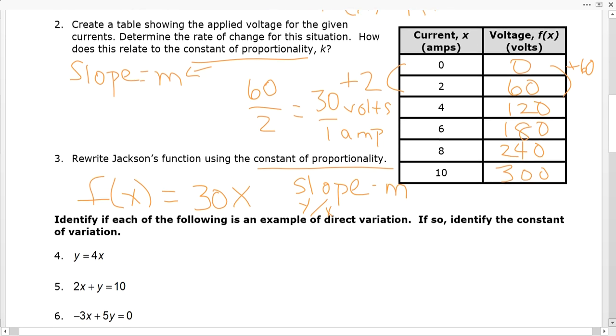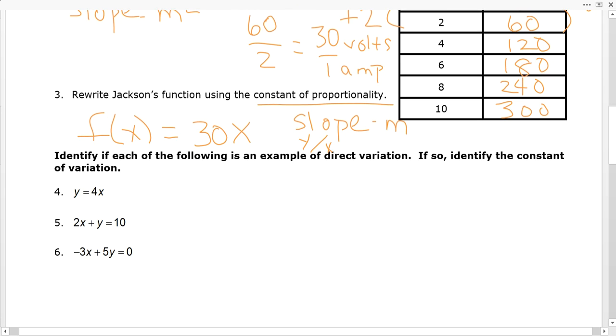Okay, so knowing what we just talked about, if it's a direct variation, like number 4, y equals 4x. So yes, this is a direct variation, and the constant of proportionality is 4.